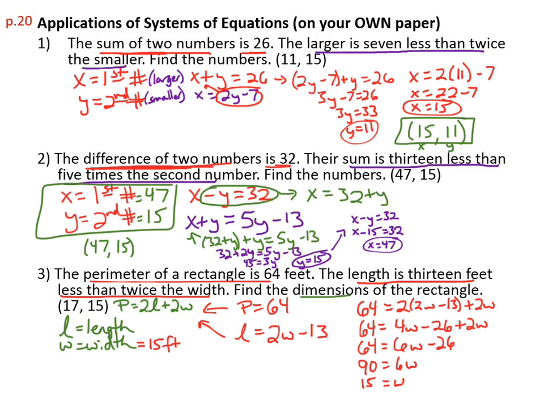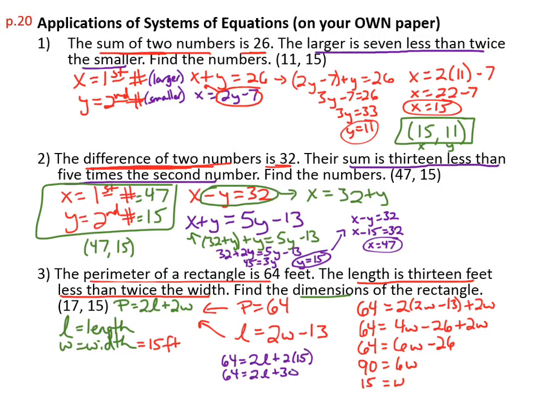And then from here, we want to find the length. So we're going to have to substitute that back in. Remember we said the perimeter of the whole thing was 64. So 2 times the length plus 2 times our width of 15. We can substitute that in. So here we'll have 64 is equal to 2L plus 30.